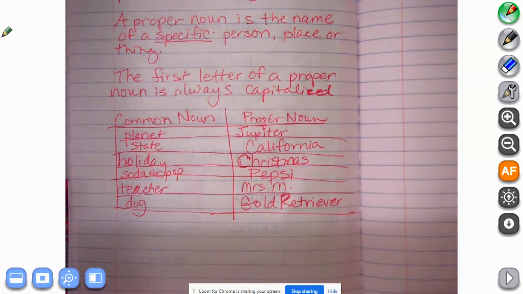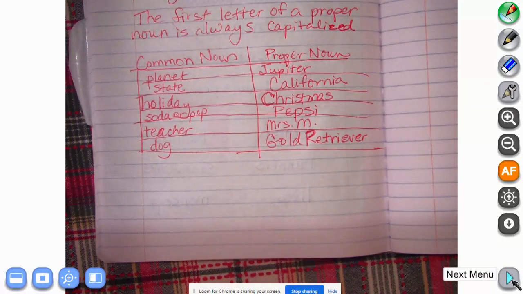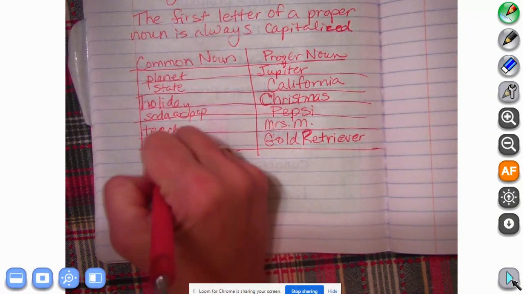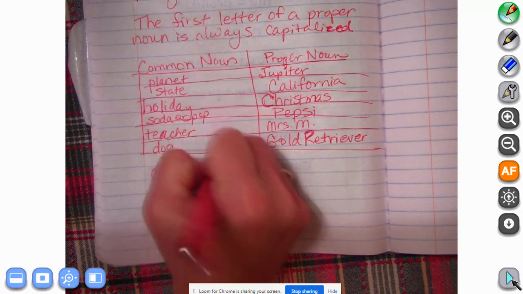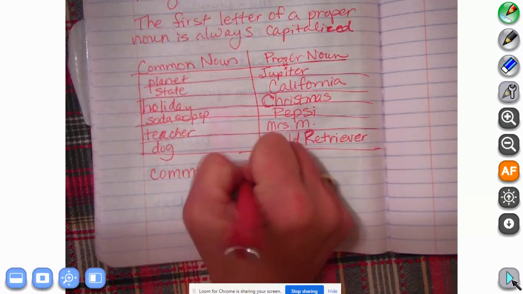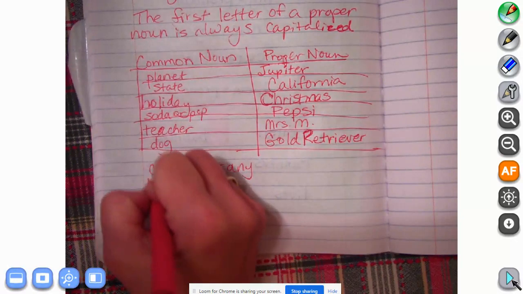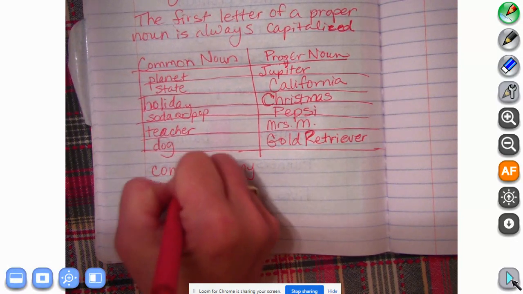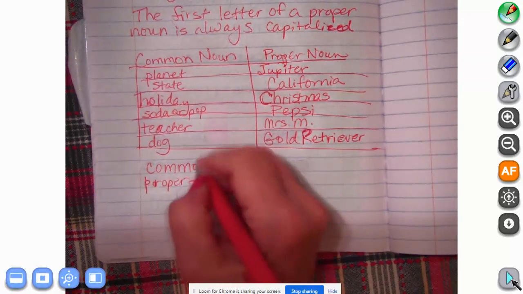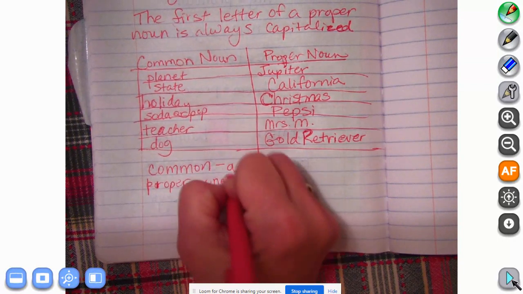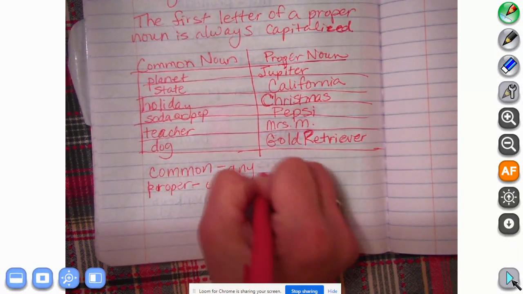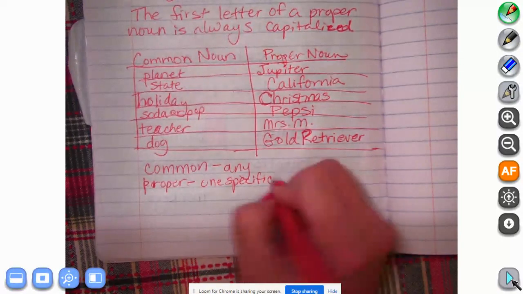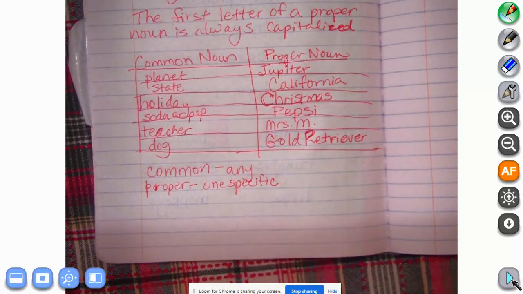Okay. All right, if you need more time than that, go ahead and press pause. At the bottom, I was going to say common. One word you can remember is any, and proper is one specific person, place, or thing.